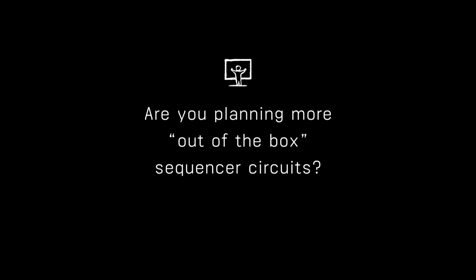Are you planning more out-of-the-box sequencer circuits? What do you mean with that? I think the question refers to the algoquencer or the motoquencer. We currently have three: the algoquencer, the sequencer, which is very basic, and the motoquencer. And the encoquencer we also have.